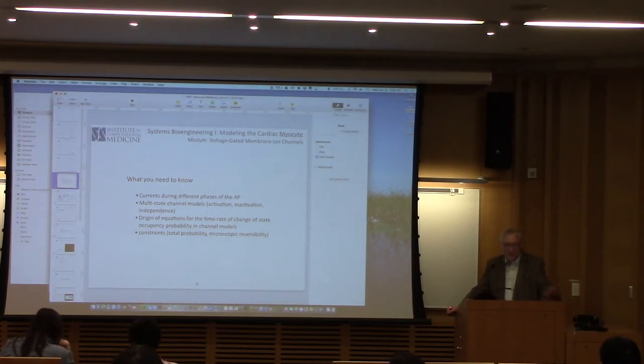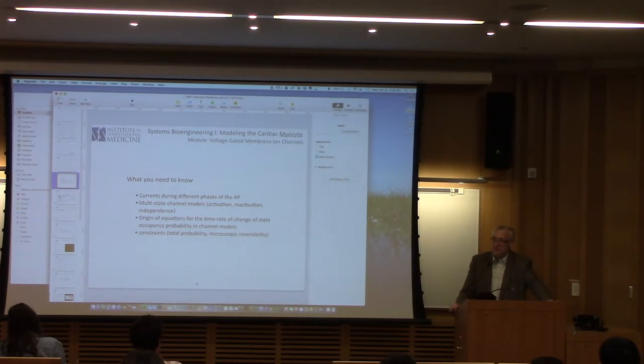Kinetic behavior means you know the sodium inward current, which starts the upstroke of the action potential, is a very fast, transient current. It's an inward current. You know a little bit about the calcium current, because we talked about that last time. And you know a little bit about the potassium currents, because we described when and how they play a role in repolarization and that they are outward currents. So familiarize yourself with those.